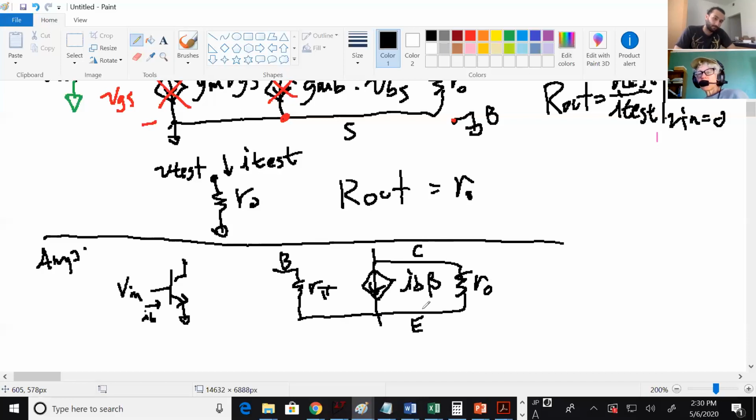What this model right here tells you is that something that was told to you in 306 and possibly 307 was a lie. Does anybody see it?